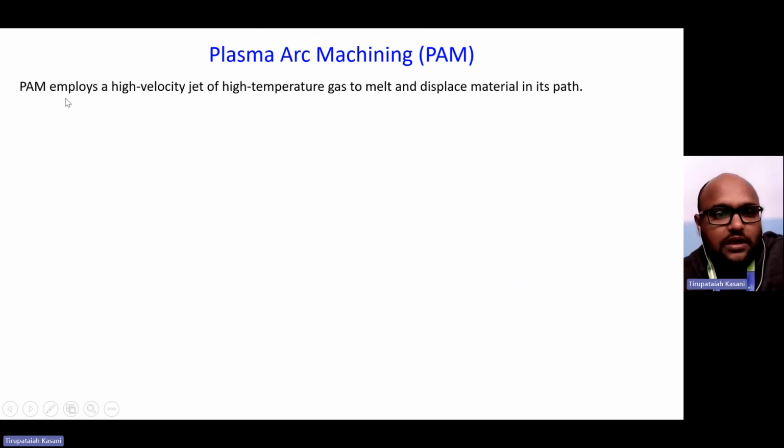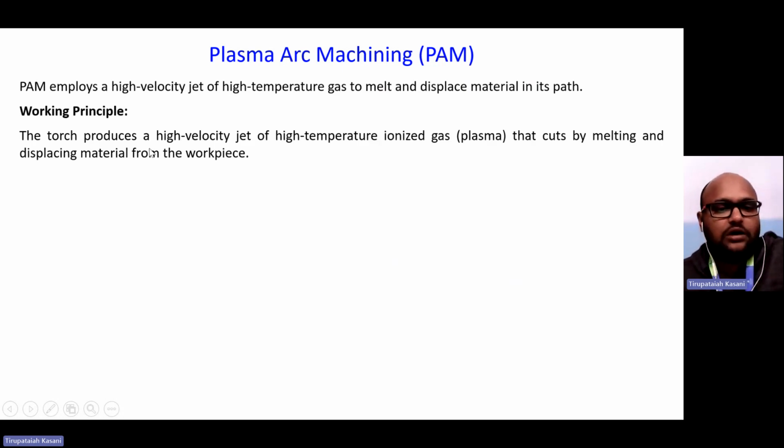Plasma arc machining employs a high velocity jet of high temperature gas to melt and displace material in its path.